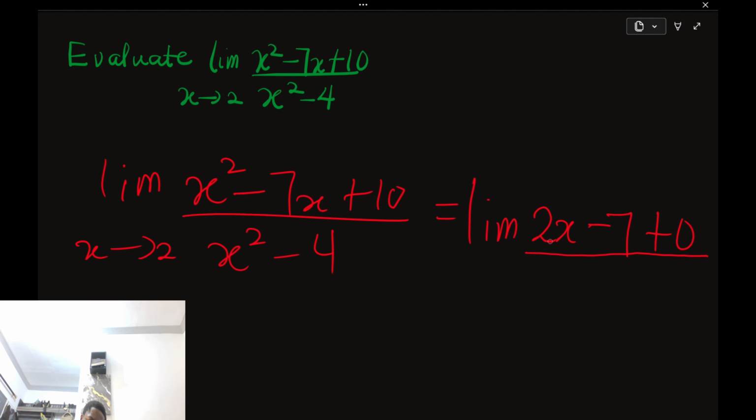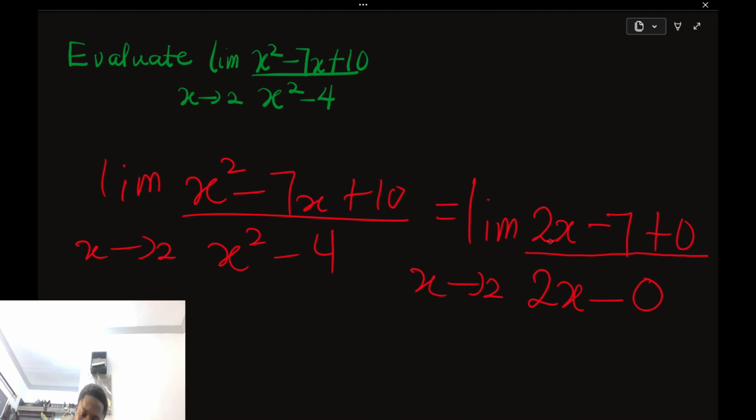Now, all divided by the denominator to be differentiated. So we are going to get 2x. When you differentiate x squared, we are going to get 2x. Then when you differentiate any constant, it's going to give us 0. So we are going to get minus 0. So nothing is there again as x approaches 2.